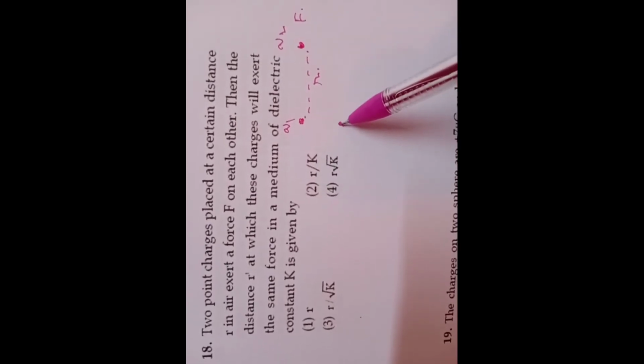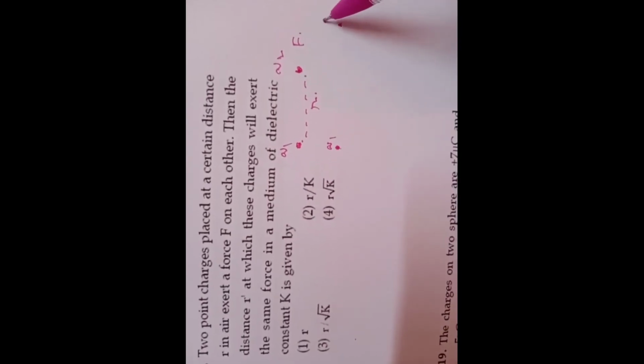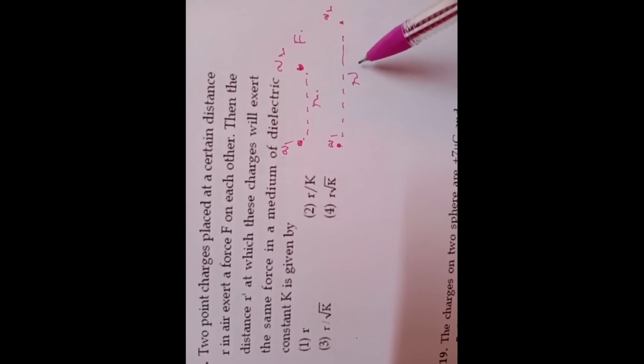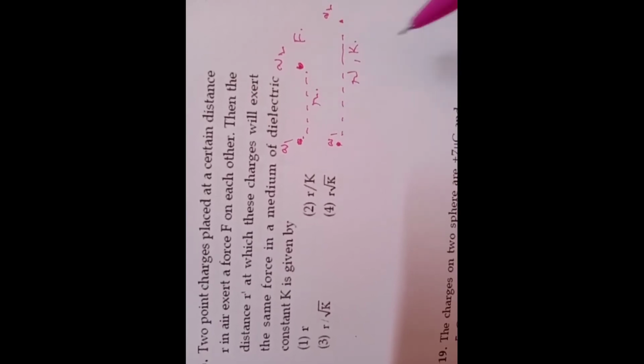The medium between them is air. The force between them is F. Now the distance between Q1 and Q2 they made r dash, and they kept them in a medium of dielectric constant K. Now also the same force is there. Then what is that r dash value, if we express it in terms of r?